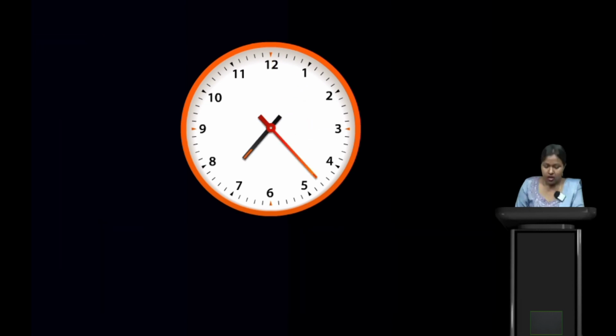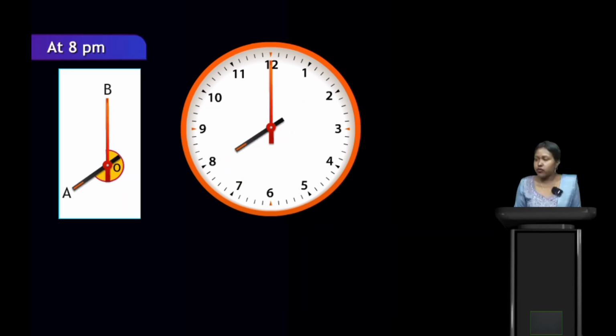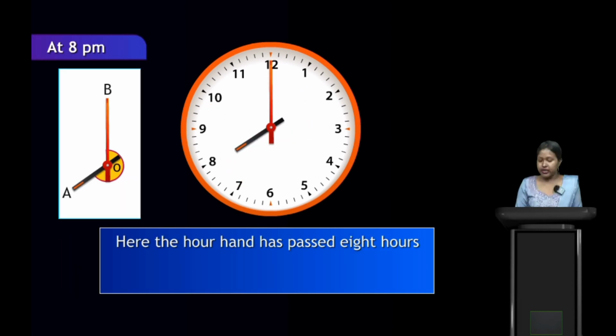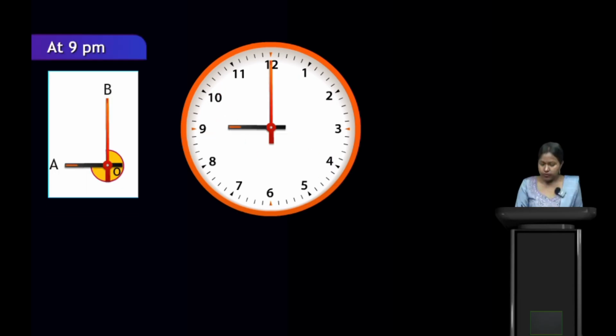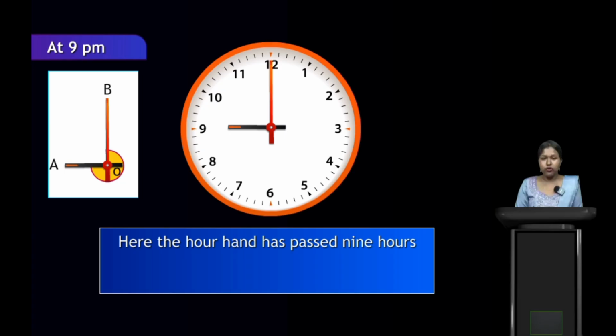So it is 210. Now for 8 p.m., you have to multiply 8 with 30. So the answer is 240. Now again let's see for 9 p.m. In this case, you have to multiply 9 with 30 because there are 9 times 30 degrees of movement.